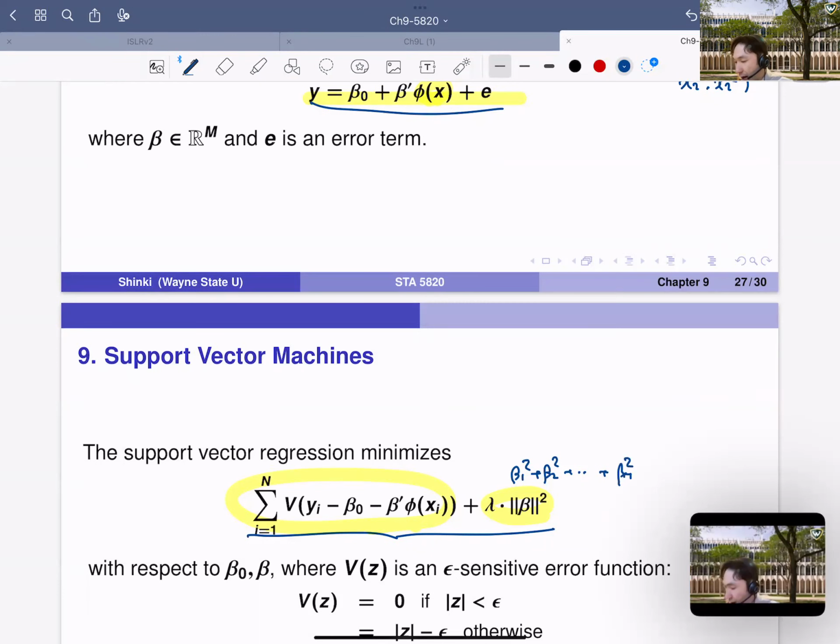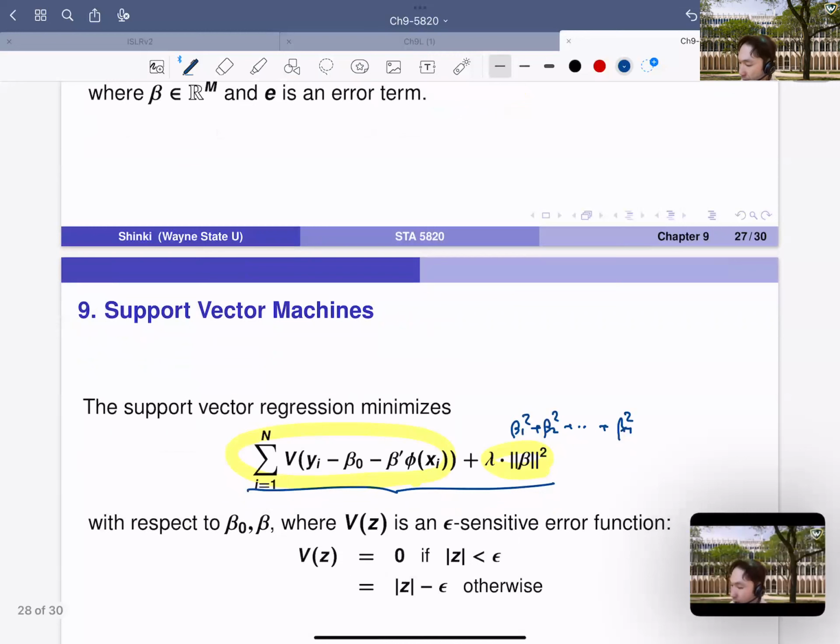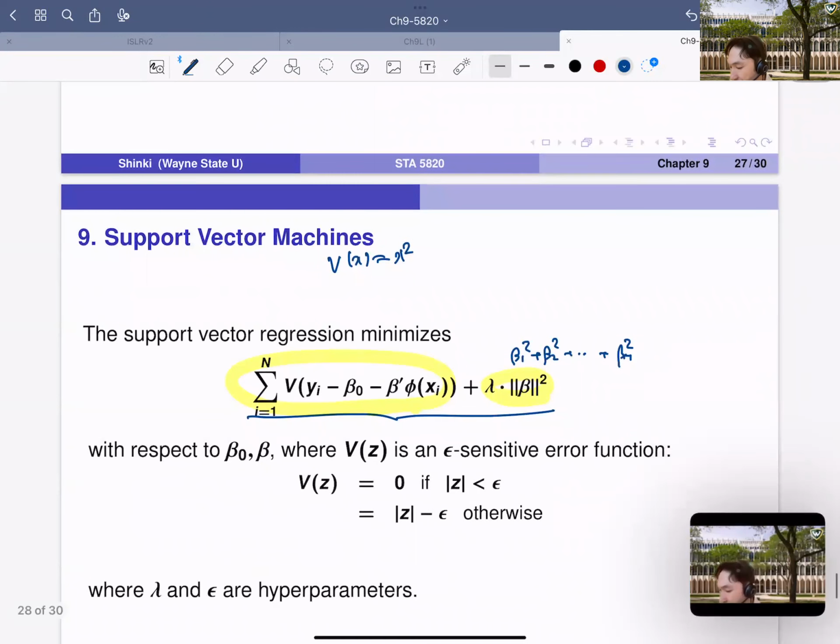Usually the constant term is excluded. So basically we want to minimize the error size. In linear regression, V is just the square, V of z is z square. So we minimize the error size, but also we want to have a simple model, so we penalize the size of the coefficients, similar to ridge regression.